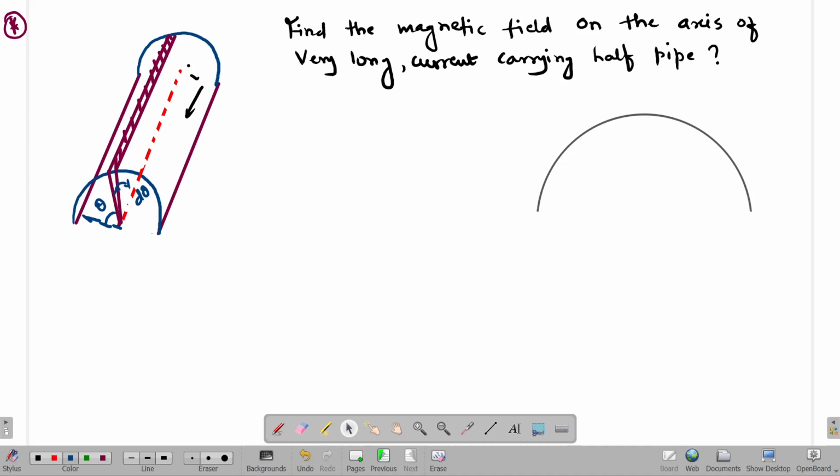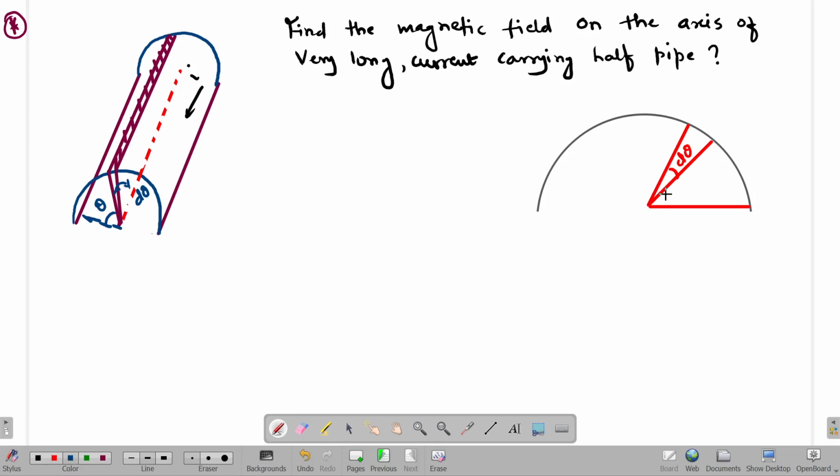Nice idea. So can you see that now? Over here, if I consider this is my center, and I consider a small element over here, which is of d theta, and it's making some angle theta with respect to horizontal.